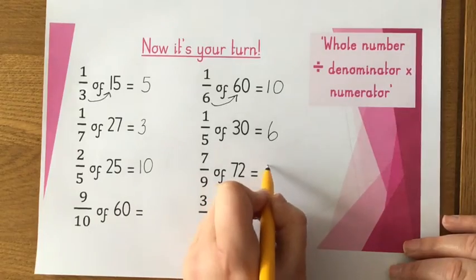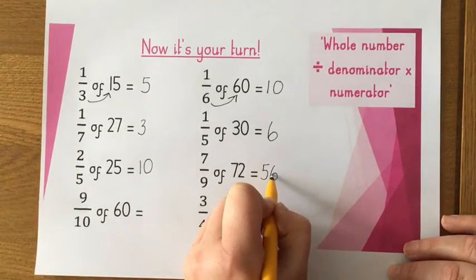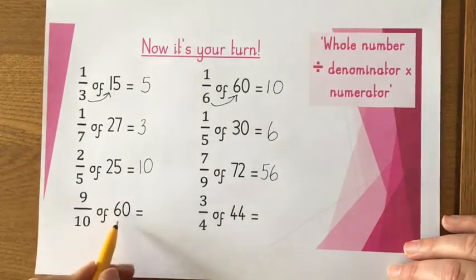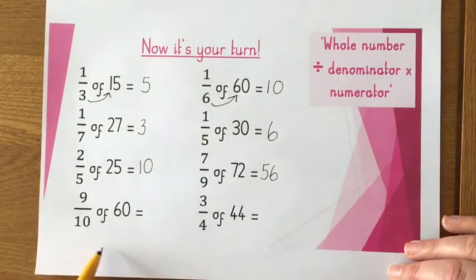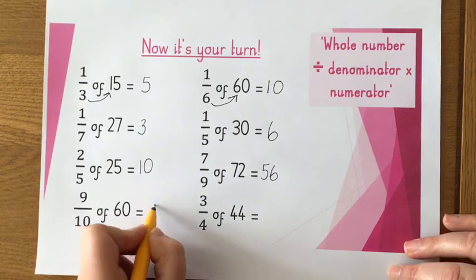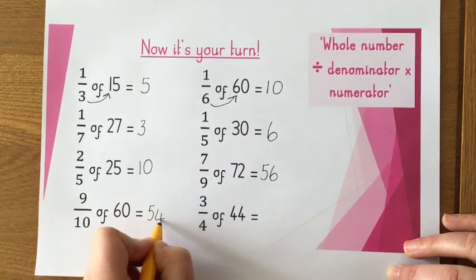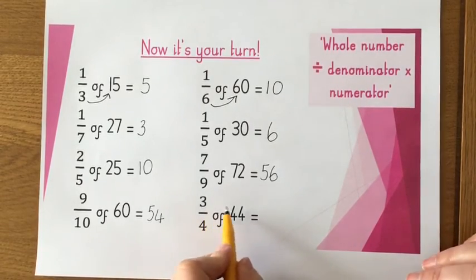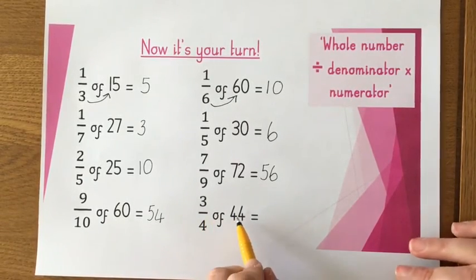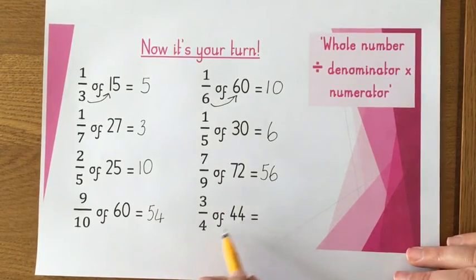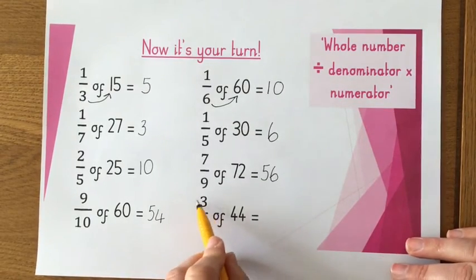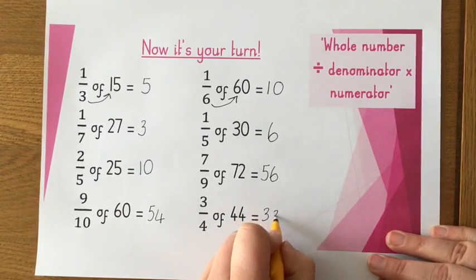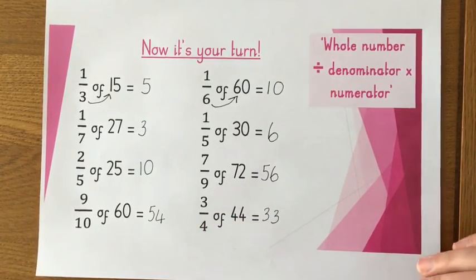So 7/9 of 72 is 56. 9/10 of 60. 60 divided by 10 is 6. 6 times 9 is 54. So 9/10 of 60 is 54. And finally, 3/4 of 44. 44 divided by 4 is 11. 11 multiplied by the numerator 3 is 33. So 3/4 of 44 is 33.